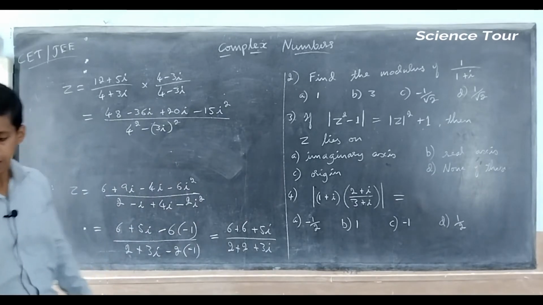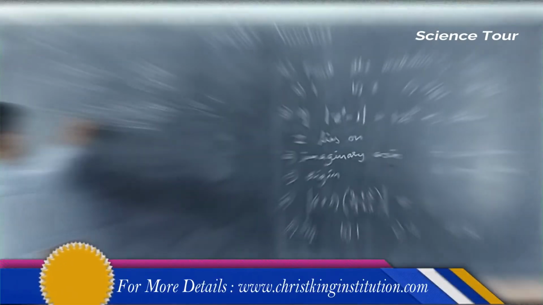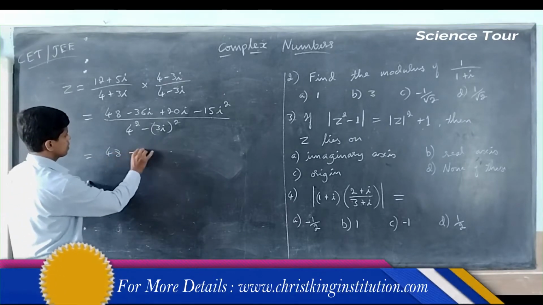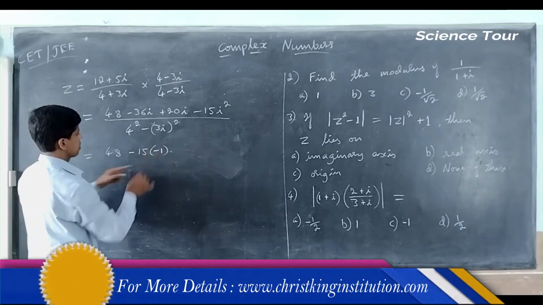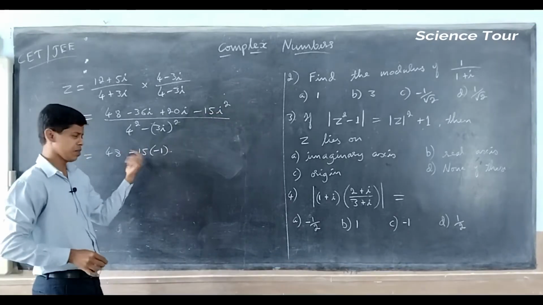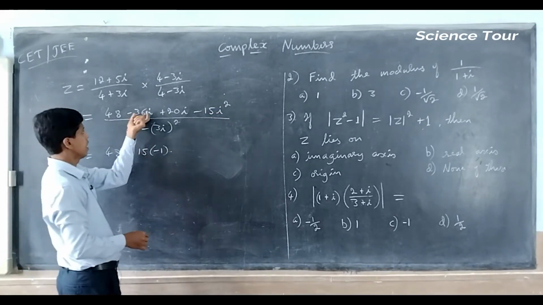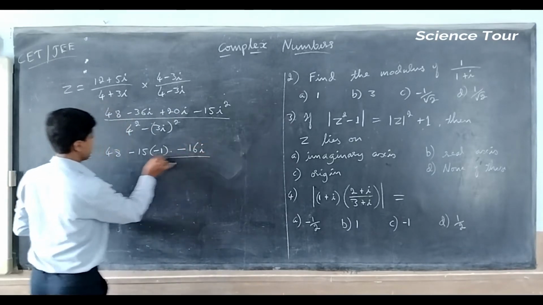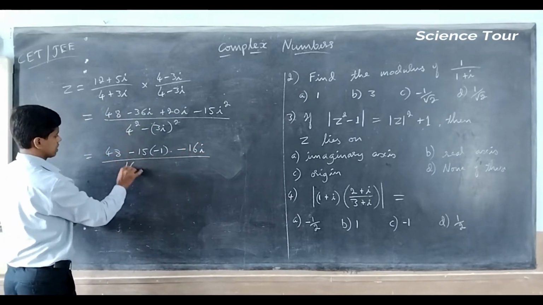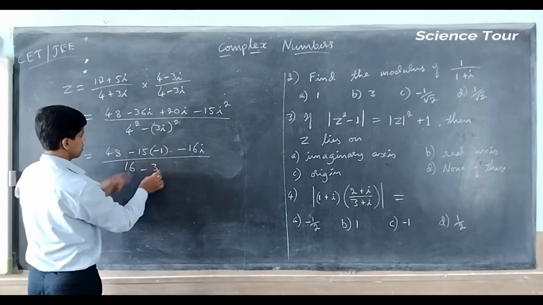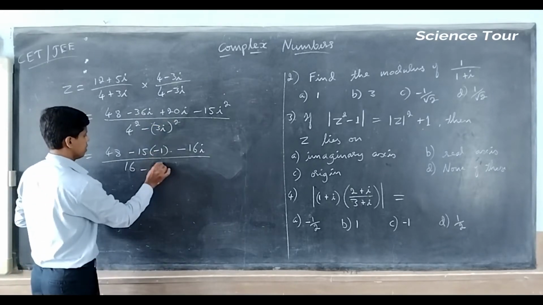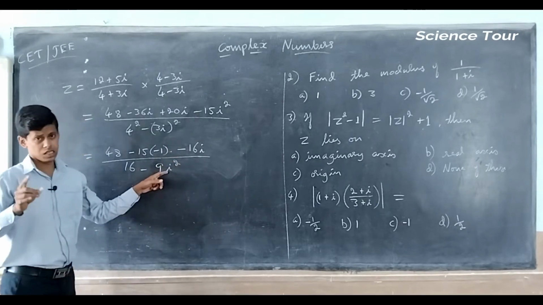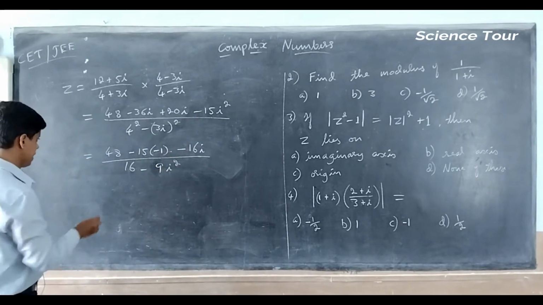Okay, well, so this is 48, and then I'll write this minus 15 and minus into minus 1 in the beginning because that's the real part, and minus 36 plus 20 is minus 16i divided by, you have got 16 here and minus 3 square 9 and then i square, which is minus 1, right?